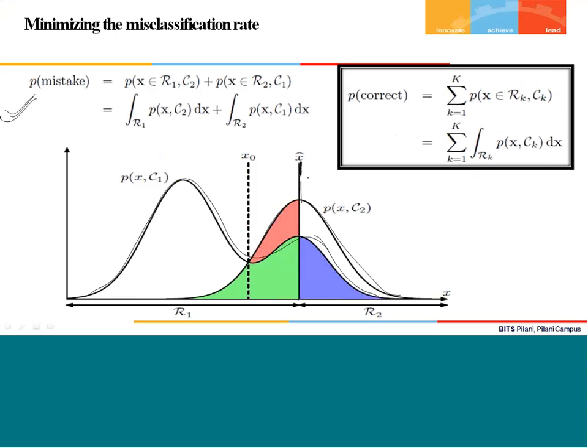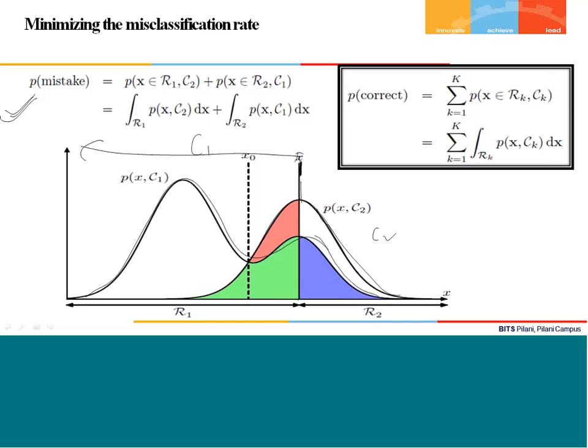If this is the decision boundary, here I will always say this is class 2, and here I will always say this is class 1. So what is my overall risk?